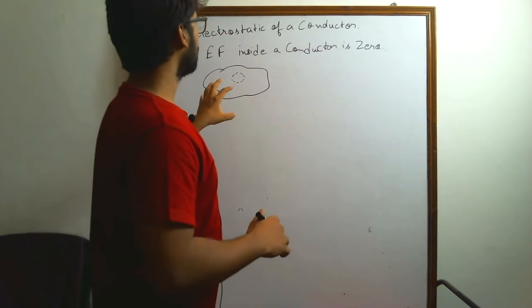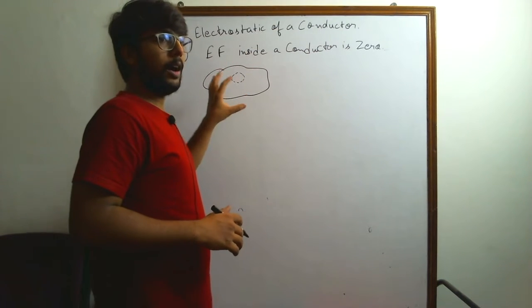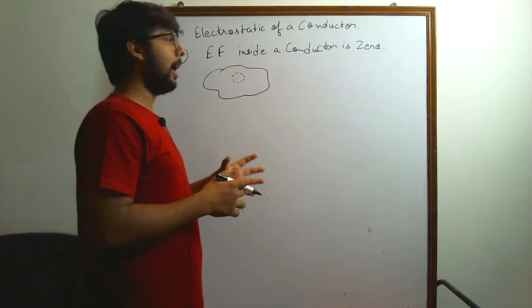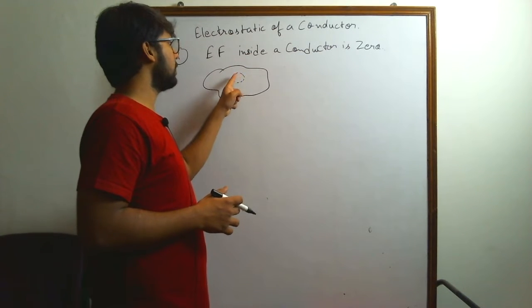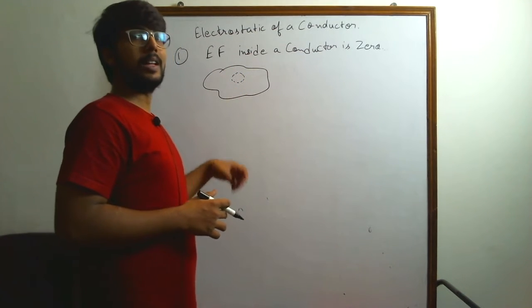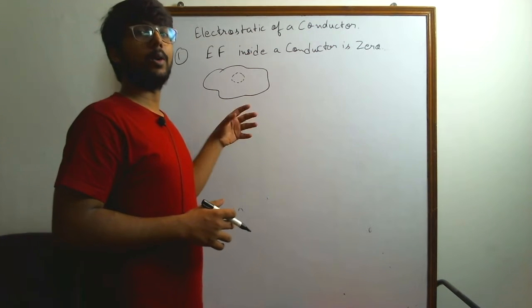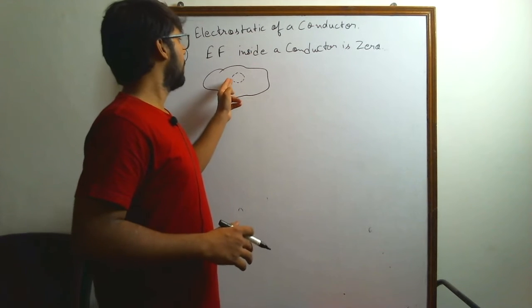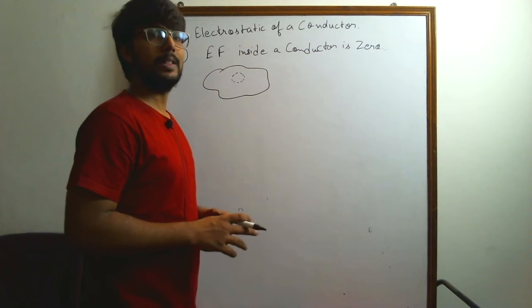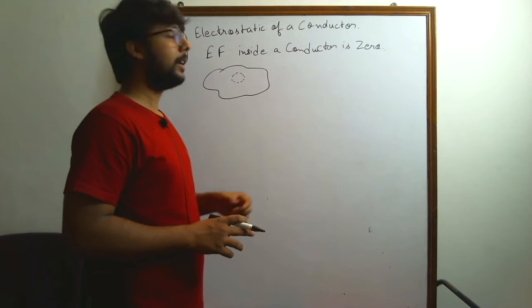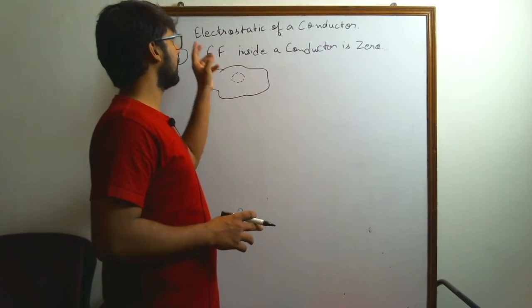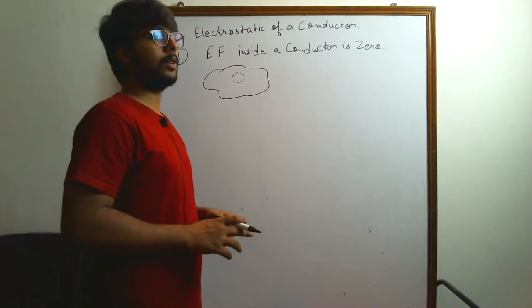There are free electrons present, but as a whole, in totality, there is no charge inside. When there is no charge inside, how can there be a flux or an electric field inside? And that's why we can say that the electric field inside a conductor is zero.